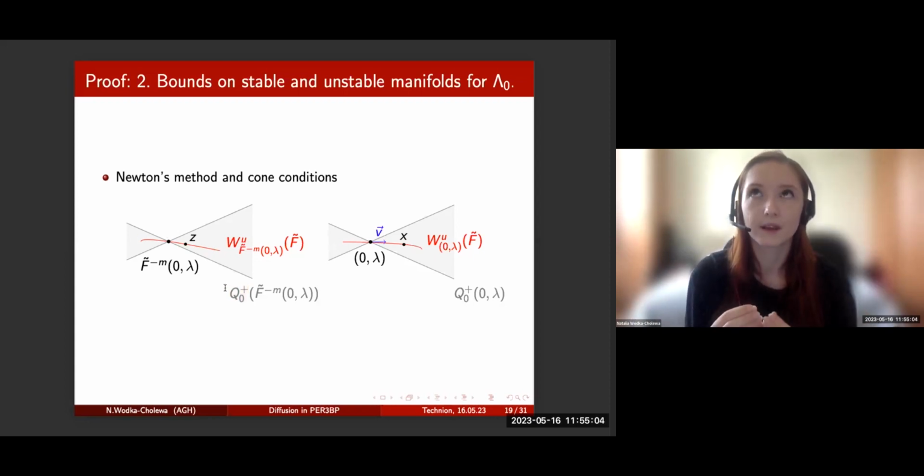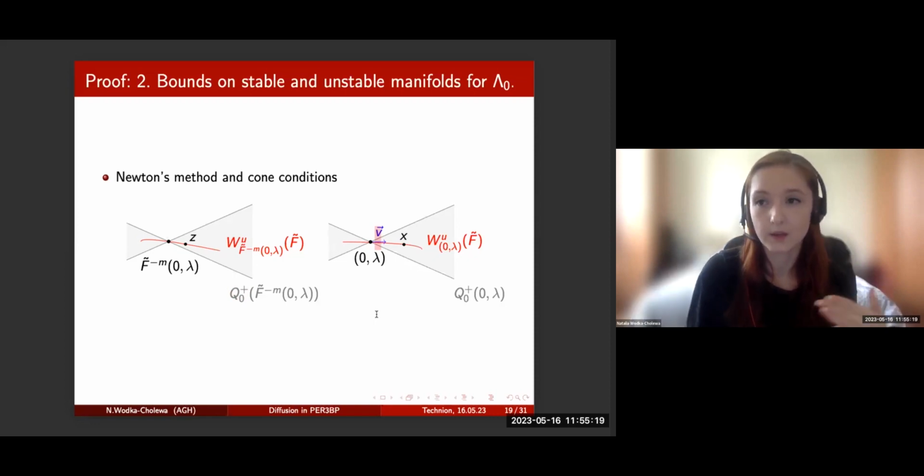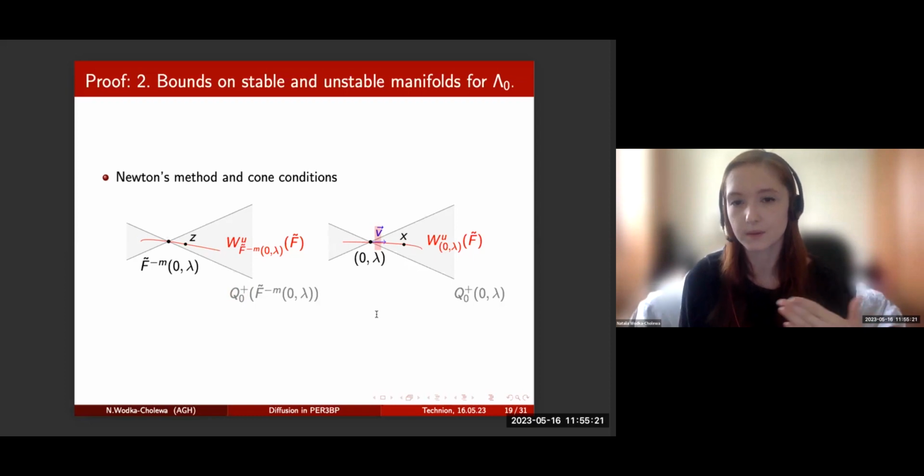And the idea is to find the point and v, that is the unstable vector, and it's an unstable direction.